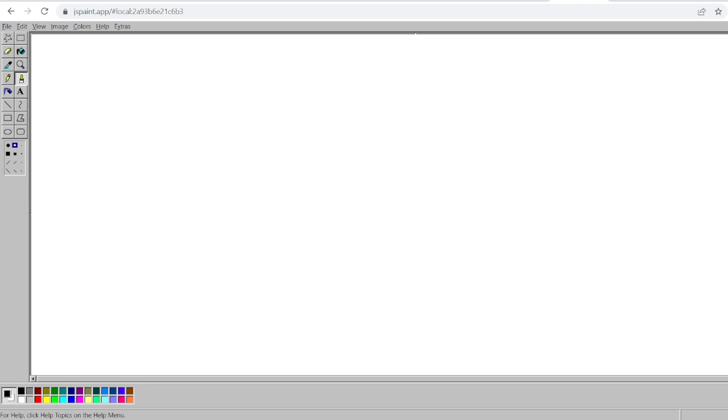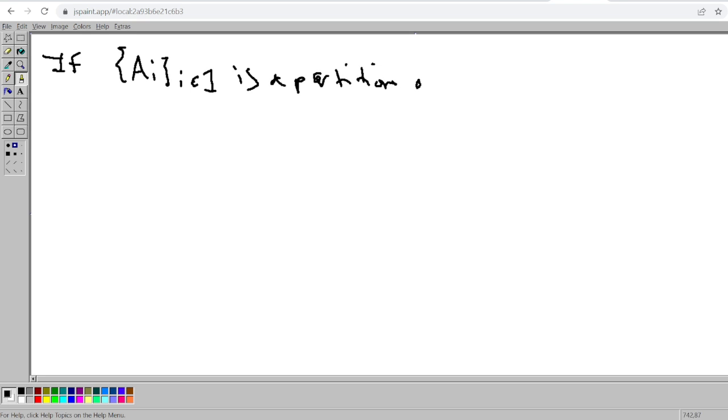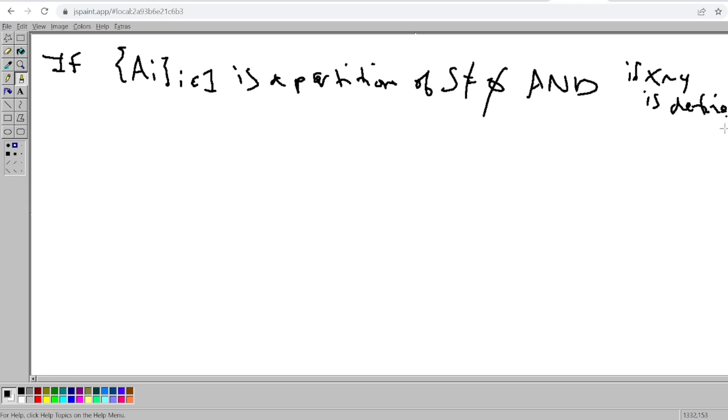Okay, and now we have our indexed family of sets yet again. A_i, i in I, is a partition of S not equal to the empty set.